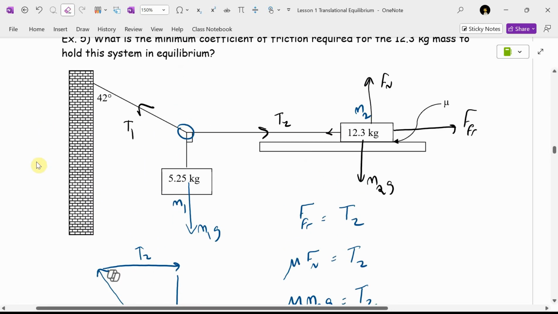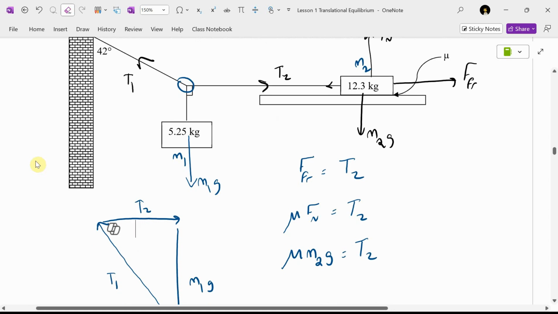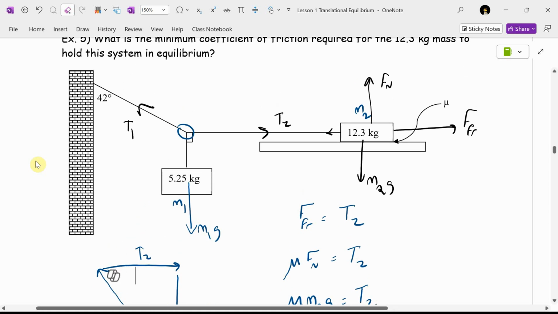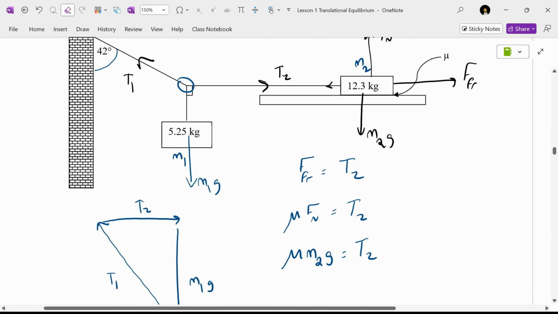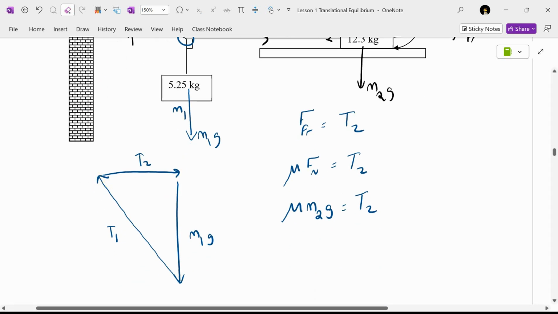I need an angle. Well, I notice tension 1, when it hits a vertical line, forms 42 degrees. You know where that is? I think that's right here. I think this is 42 degrees. How big is this angle?